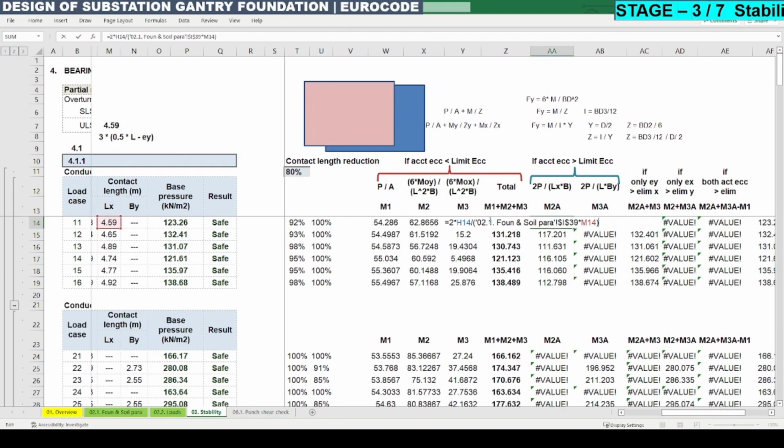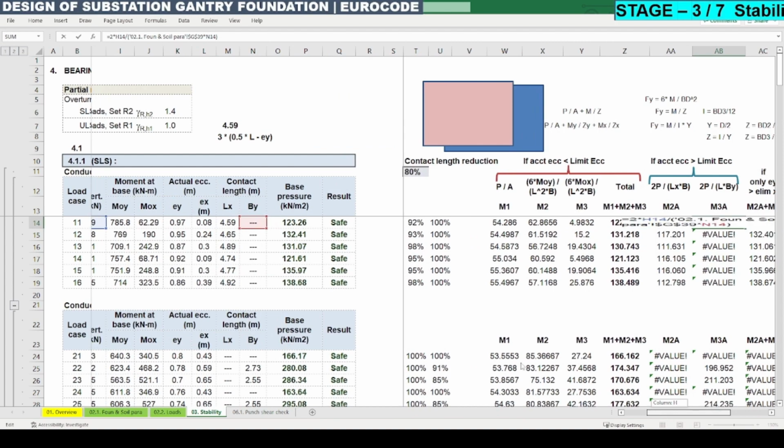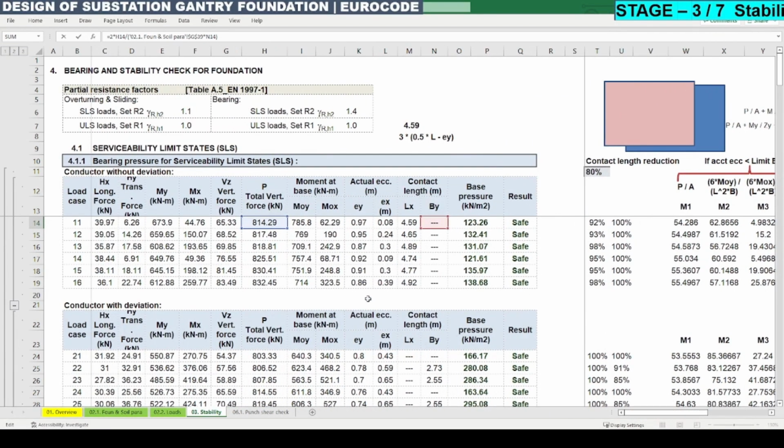So this is a simple equation like 2P divided by Lx into B, in case the actual eccentricity is greater than the limiting eccentricity. But here the same formula we are applying, but it is stating a value error. So it means there is no contact length, or the actual eccentricity is not exceeding the limiting eccentricity in x direction, that means the width direction.